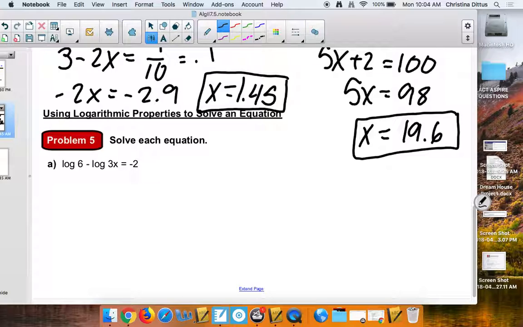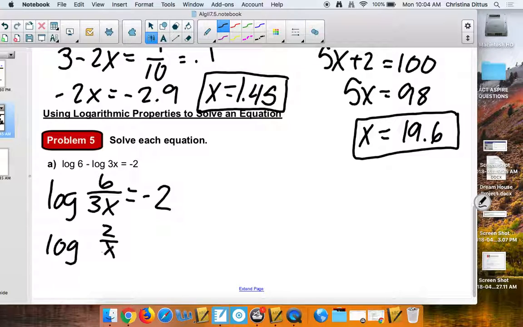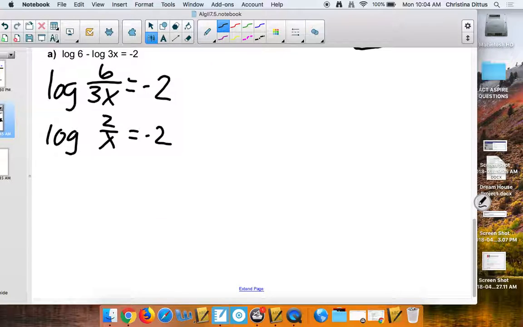So I can turn this into log, and what's going to go on top? 6 divided by 3x. Those rules we talked about: subtraction means division, and add means multiply. Let's simplify that before we move on. What can I do with 6 divided by 3x? 2 divided by x.